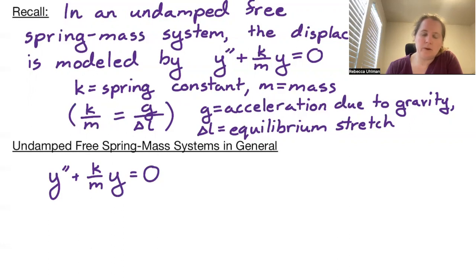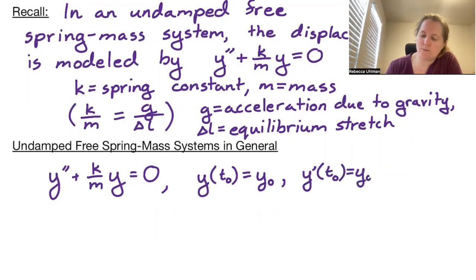And then we could have initial conditions, y of t naught is y0. I'm going to use sloppy notation here. And y prime of t naught, I'm just going to label it as y0 prime. So again, that's a little sloppy notation, but that's just how I'm going to do it.